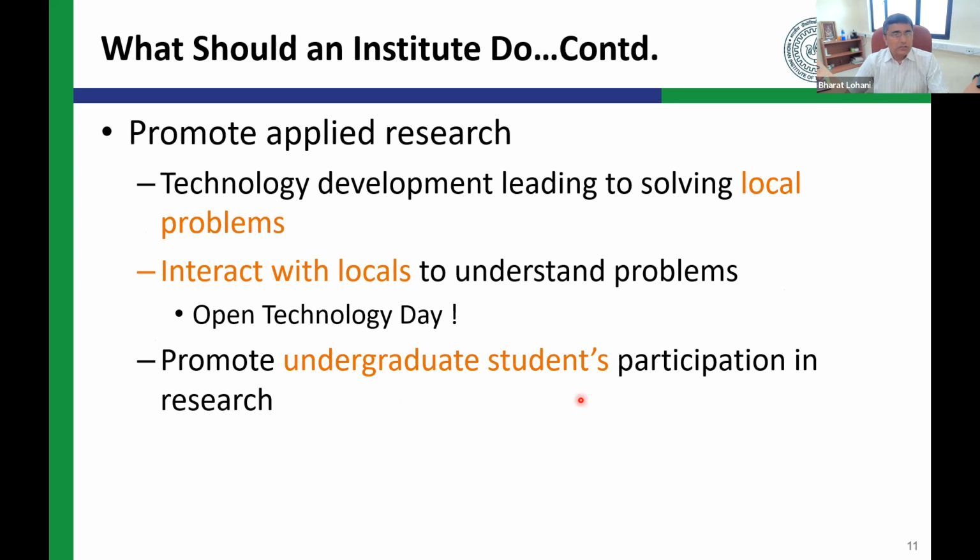At the same time, the institute should also promote applied research for solving local problems. And I will cite a very good example here. Professor Anil Gupta from IIM Ahmedabad, who has the Innovation Foundation, you may know about him, had come to IIT Kanpur and delivered a very good talk about grassroots innovations.